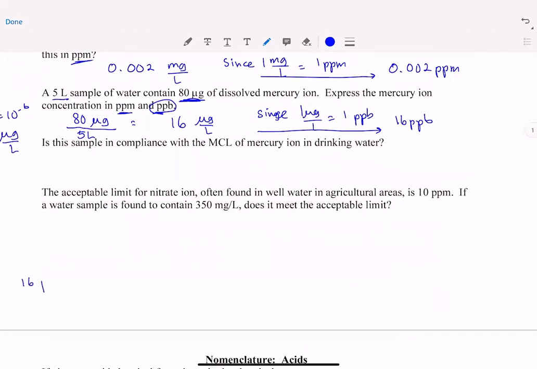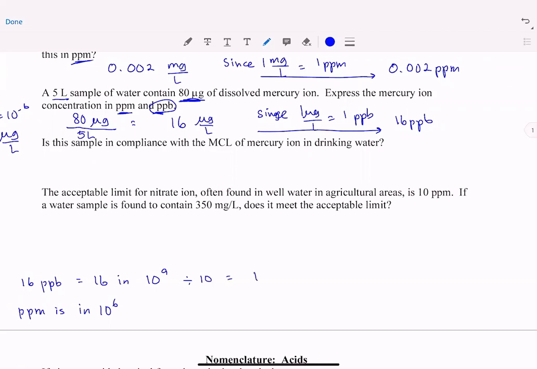So 16 parts per billion means that you have 16 in a billion, which is 10 to the 9. So if we want to get this to parts per million, that is how many parts in 10 to the 6th. Remember the stepwise conversion from parts per billion to parts per million is dividing by 10 each time.